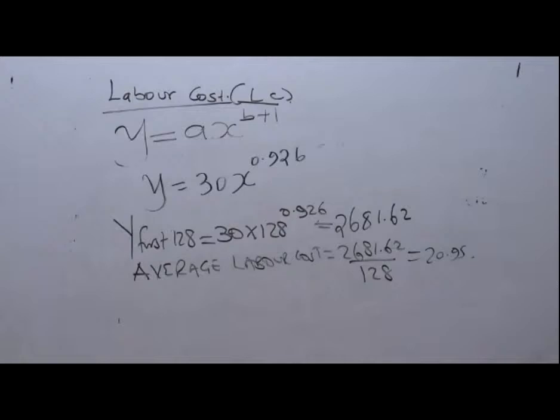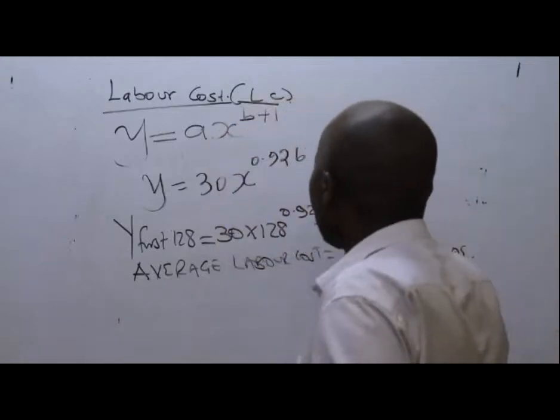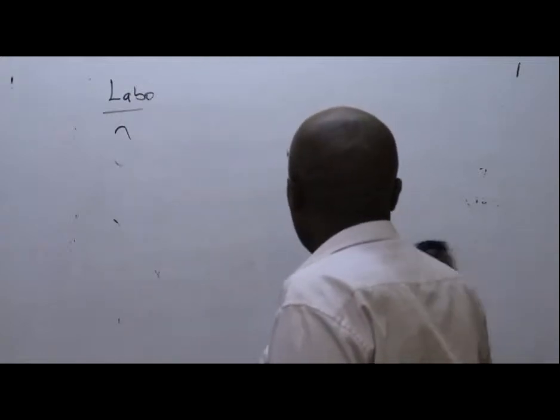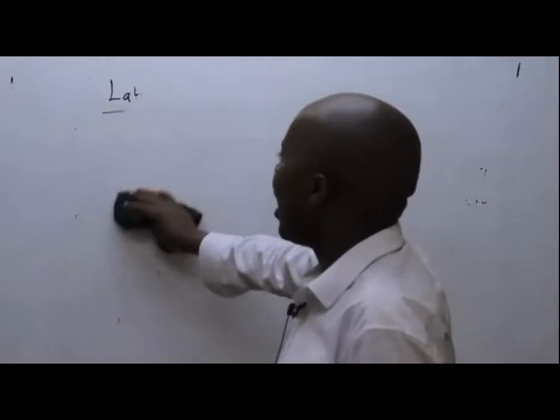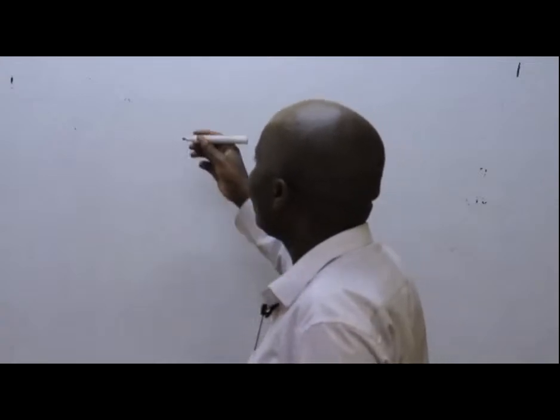20.95. That is great. Now, after that, I'll be able to write for my examiner the cost statement. Cost statement for this comfy upholstery chair manufacturing company.